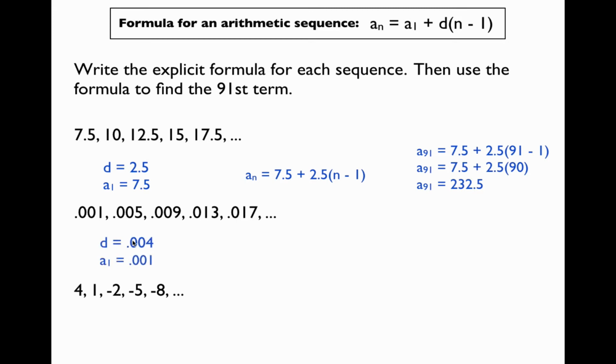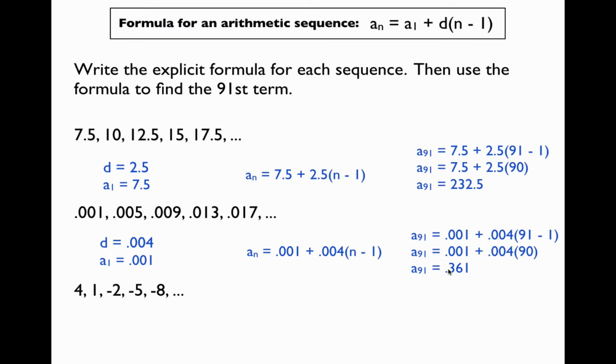All right, let's see the next two. So our common difference was 0.004. Our first term was 0.001. We can derive our formula and use it to find the 91st term, which would be 0.361. Now on this one, if you noticed, the common difference was -3, and the first term was 4.